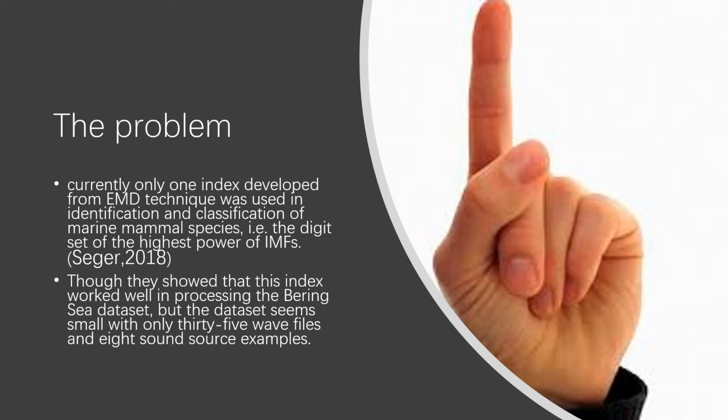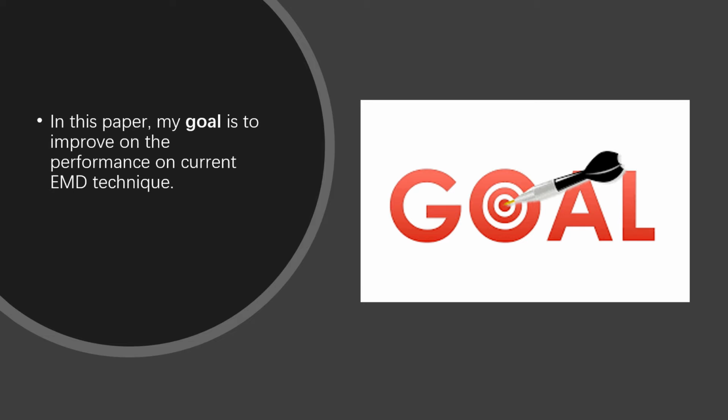Even though this index has been proved to work in the dataset with 35 wave fields and 8 sound source examples, when complicated underwater circumstances are present and there are more sound sources in the detected data, its performance may be less optimistic. So in this paper, my goal is to improve the performance of the current EMD technique.